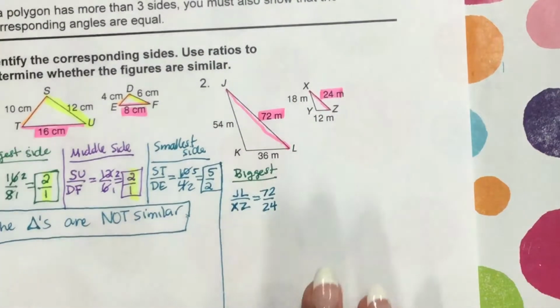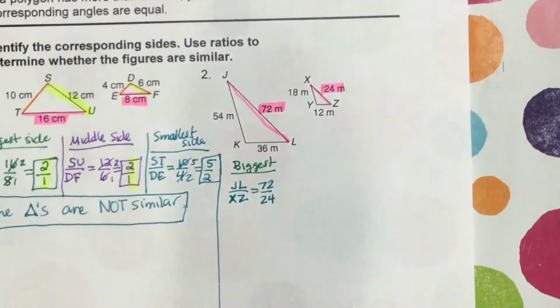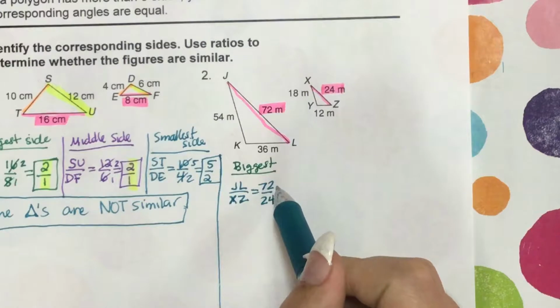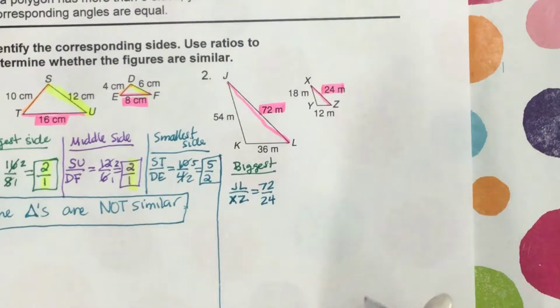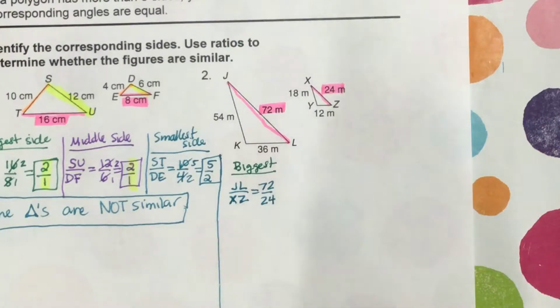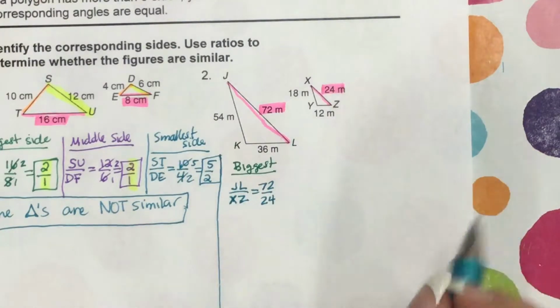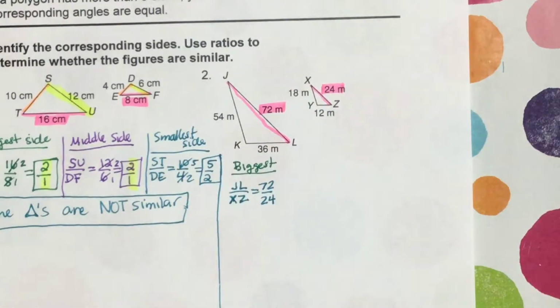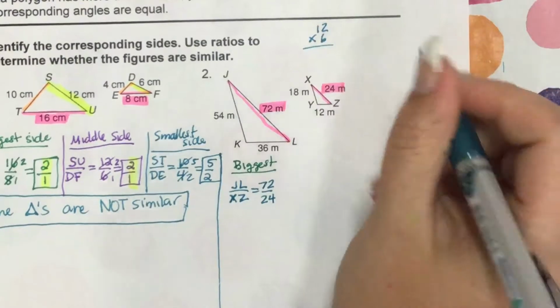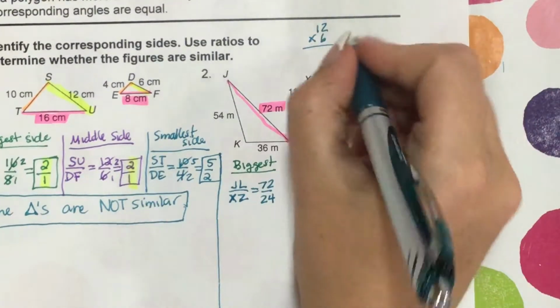Okay, perfect. So now we're just going to reduce this. If I look at this, I know that 12 goes into both of these. I'm pretty sure that 12 goes into 72 6 times, but I'm just going to go ahead and do that math to double check. So I'm going to go 12 times 6 and figure out what that is. 6 times 2 is 12.